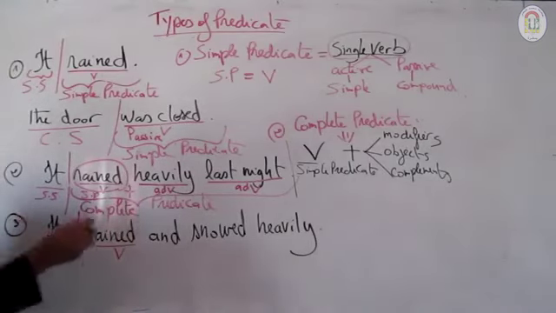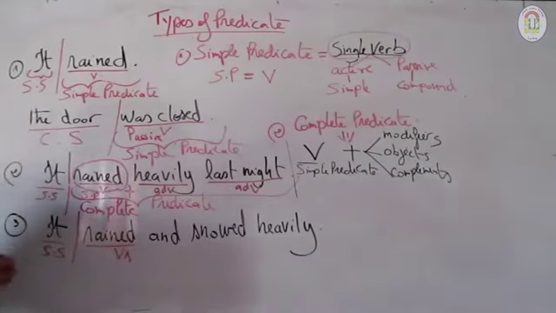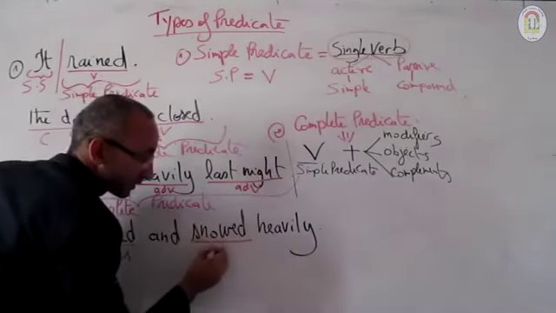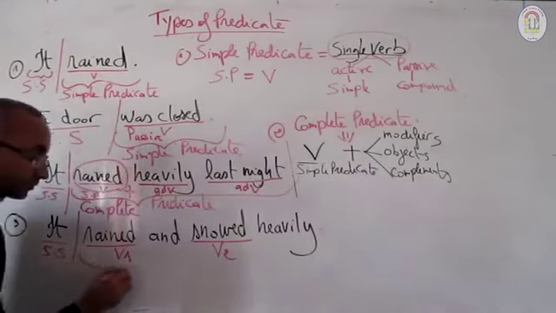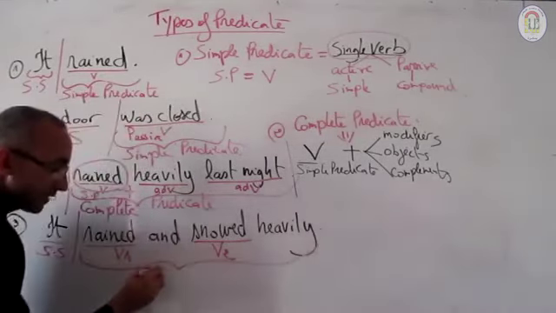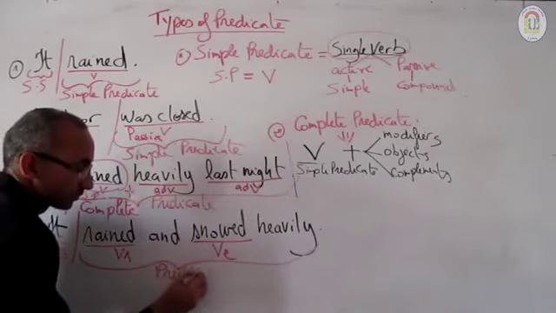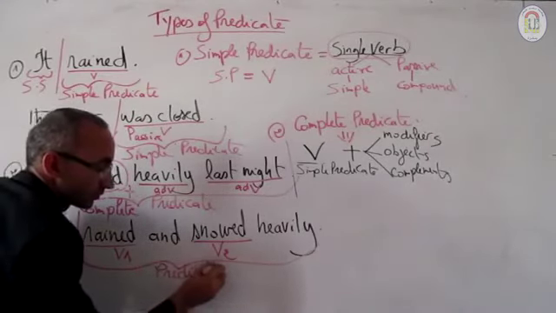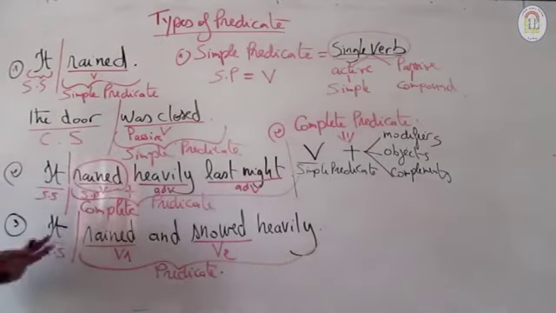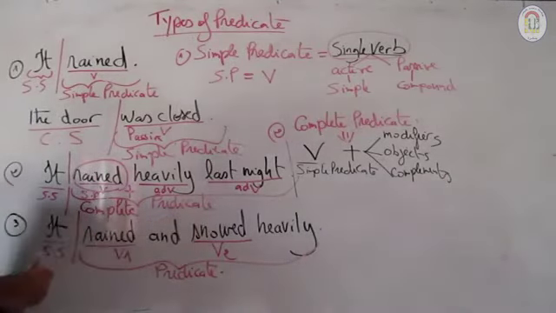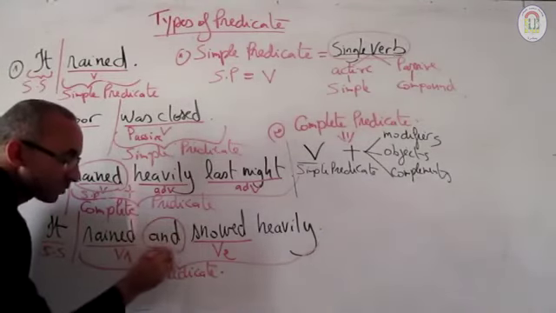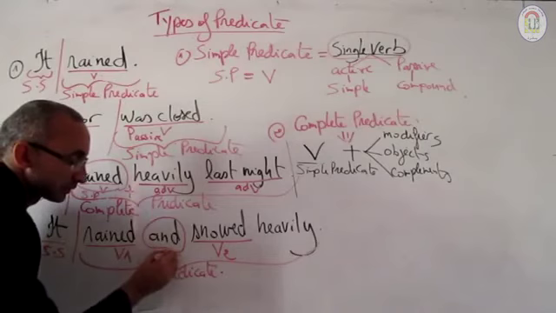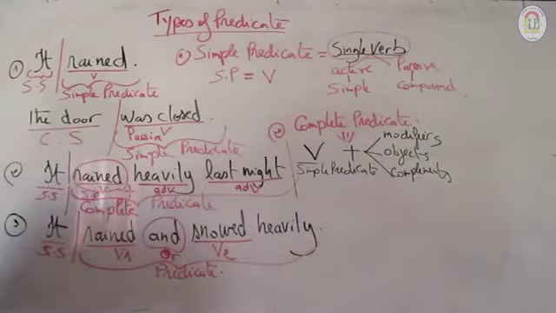I have here rain as my first verb and snow as my second verb. In this predicate, I have two verbs joined by the conjunction and, sometimes we find even or, clear, rained or snowed heavily.